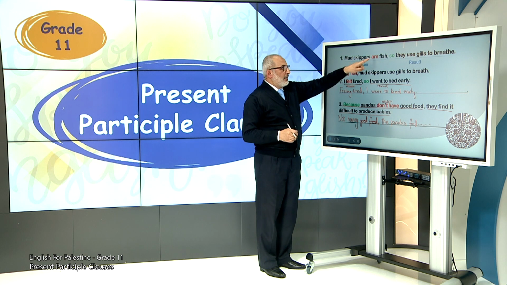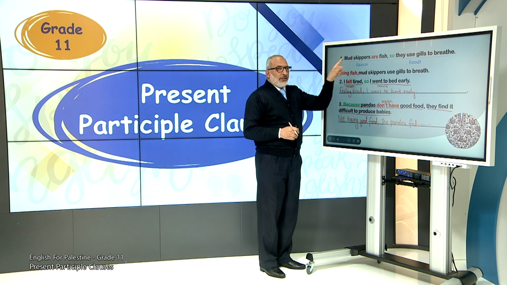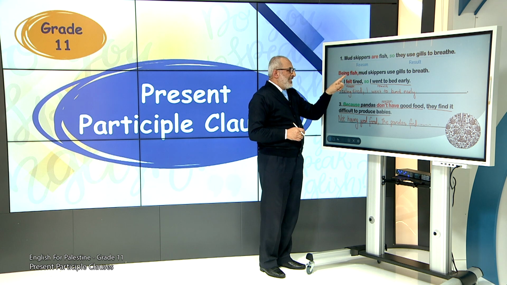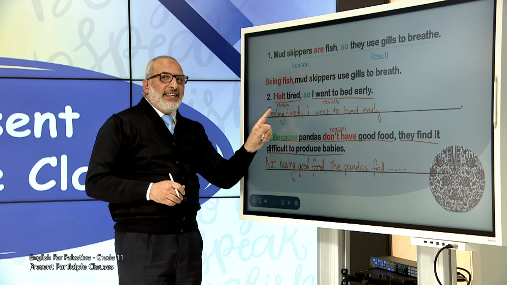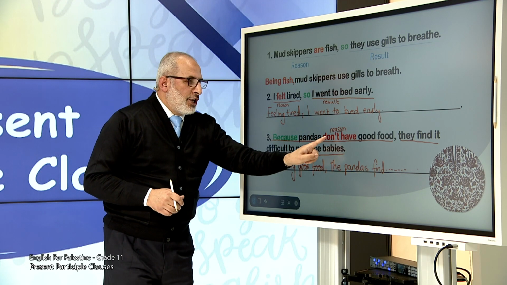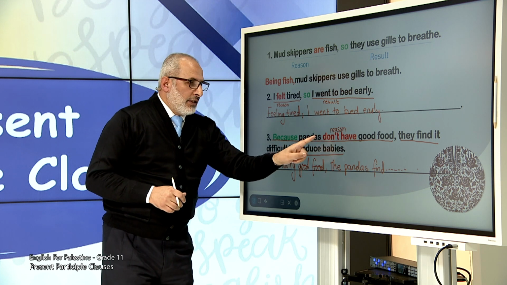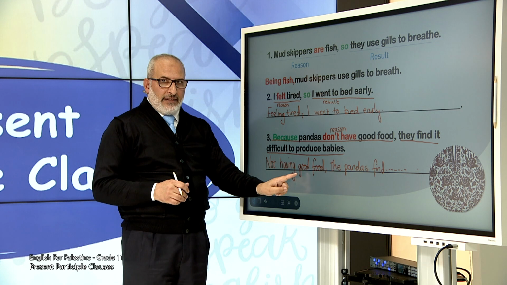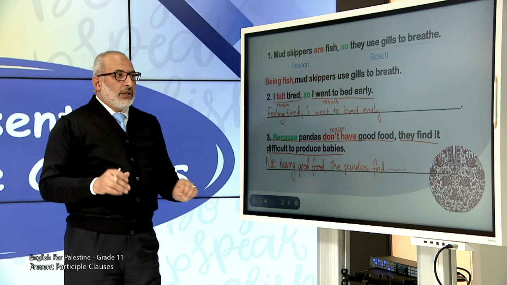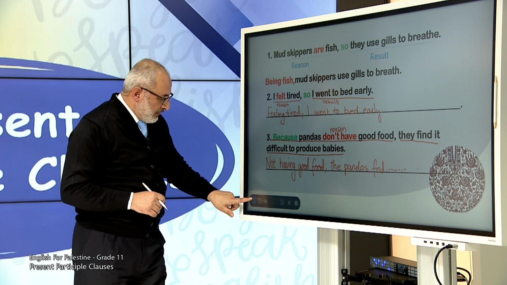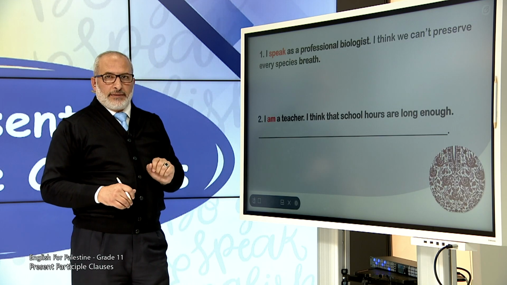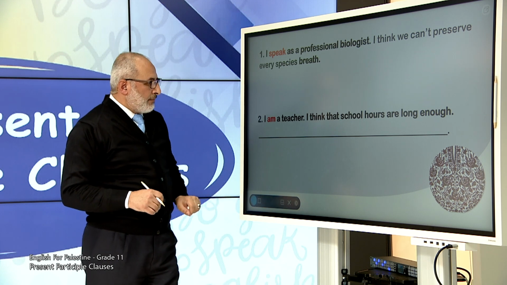By changing the verb into the ing form. Are, be, being. Felt, the infinitive feel, feeling. Not have, or don't have, not having. Okay? Is it clear? All right. Let's now move to other examples.